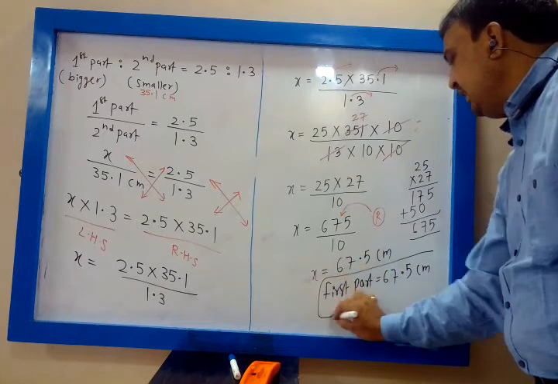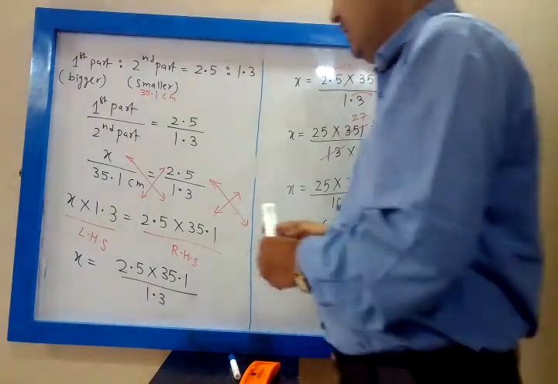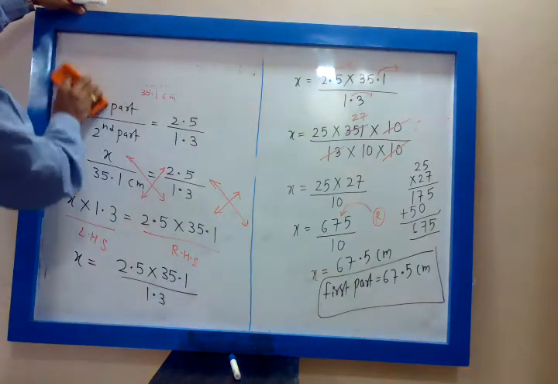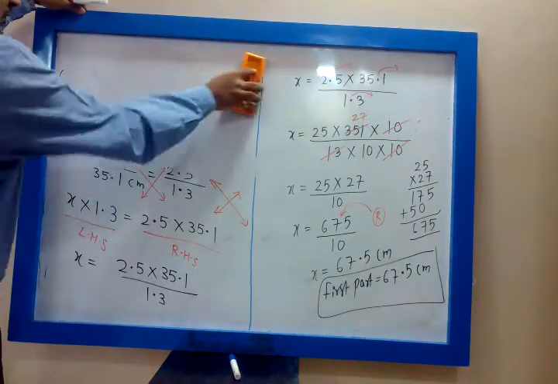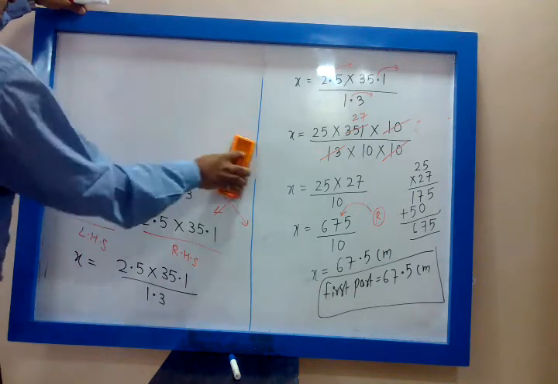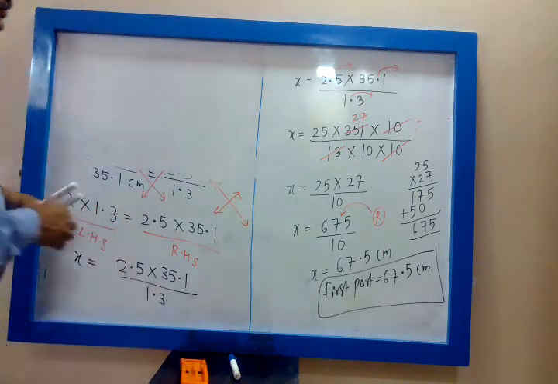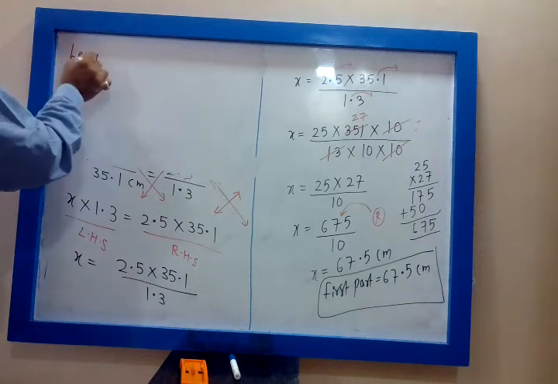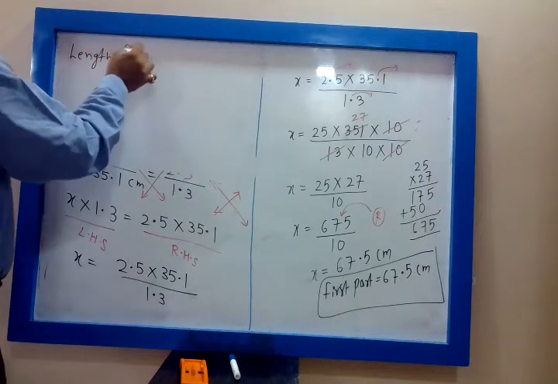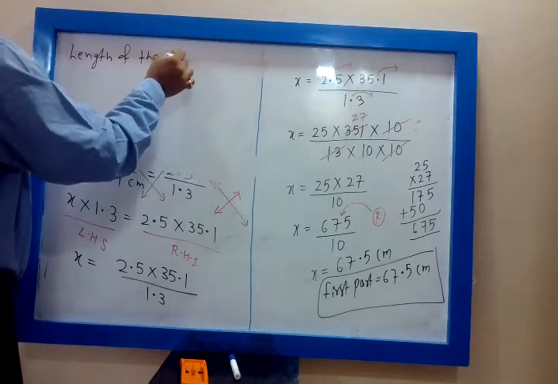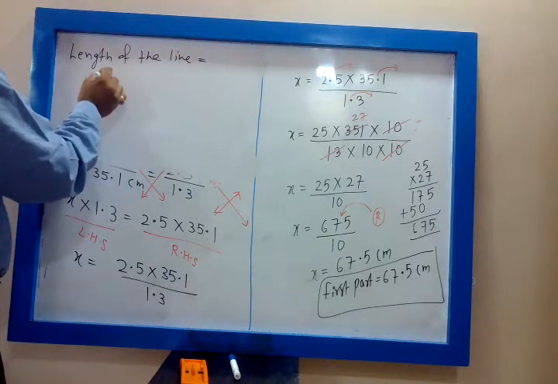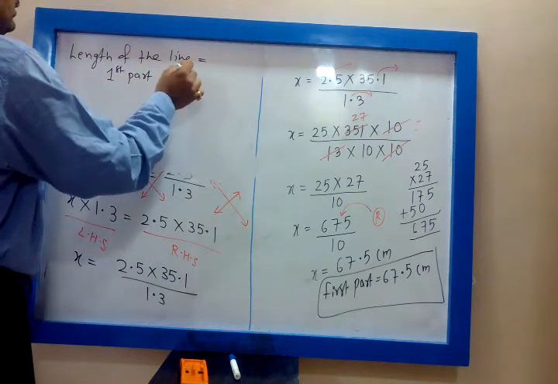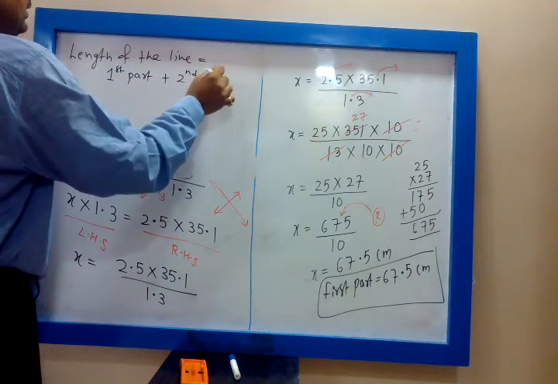Now what is asked? Find the length of the line. Length of the line is first part plus second part. Yes or no? So we write: length of the line is equal to first part plus second part.